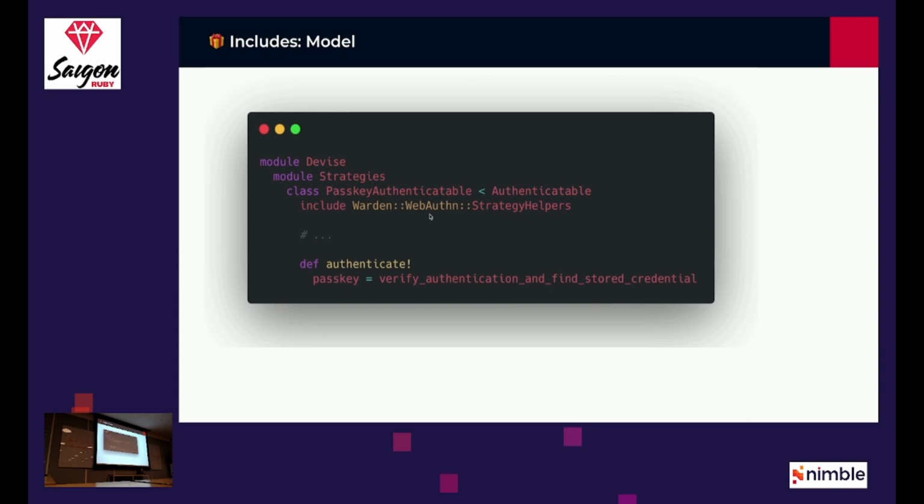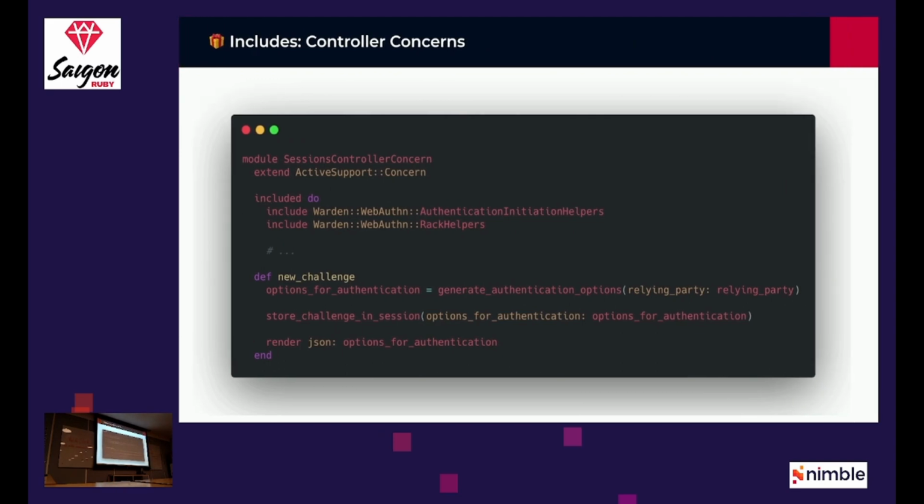So what is included in this gem? There is a Devise module we need to include into our model. It implements a Devise method to authenticate the user. It also provides several controller concerns for authenticating and generating the challenge.